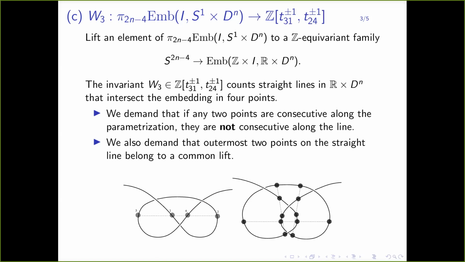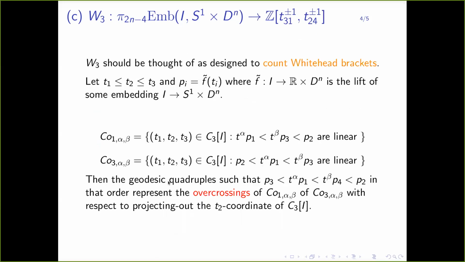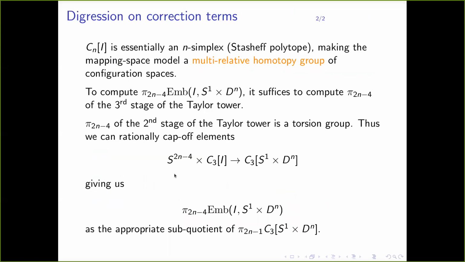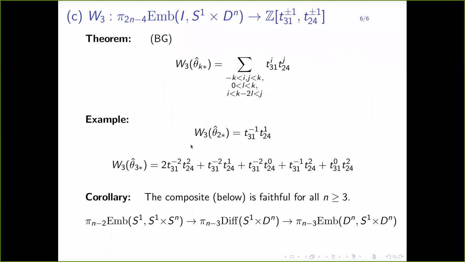There's some combinatorics involved, but you get something called a Polyak-Viro formula for this invariant. And so I've been trying to do the analogous argument to get a Polyak-Viro formula for an analogous W3 invariant that could maybe distinguish these classes.